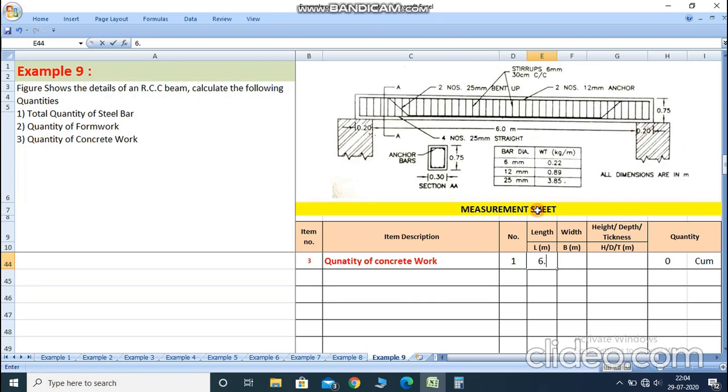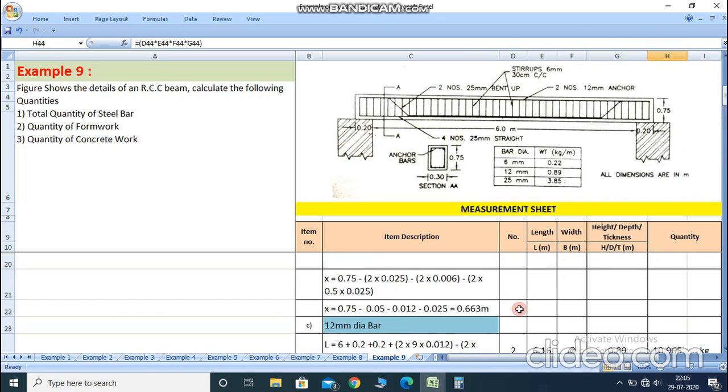So the total is 6.4, and the width of the beam is 0.3, so right here 0.3, and the height given in the section is 0.75. So the total quantity is 1.44 cubic meter, the total quantity of the concrete work.